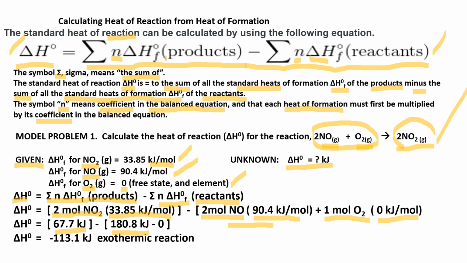And of course, 1 times 0 is 0. So, to carry out the math, 67.7 kilojoules minus 180.8 kilojoules is equal to negative 113.1 kilojoules. And since it is a negative sign, we call it an exothermic reaction. Okay?